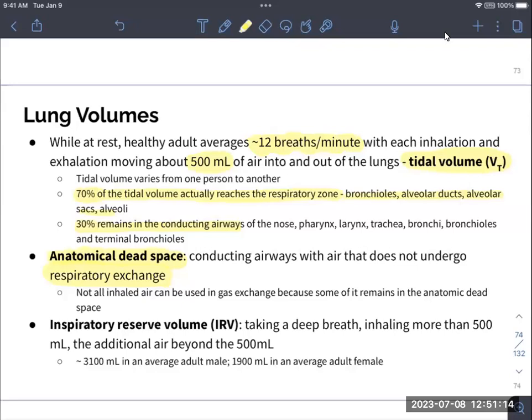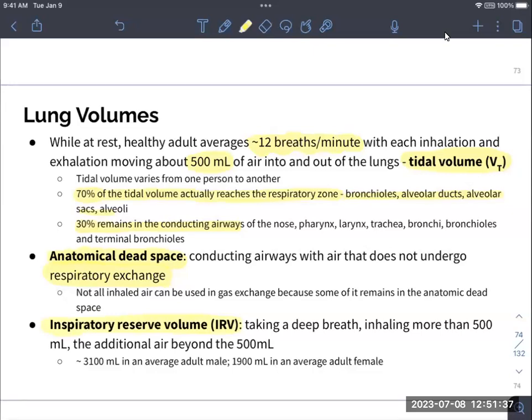Inspiratory reserve volume. If you take a deep breath in, you're able to inhale more than 500 milliliters. You usually can take in more than another 500 milliliters.